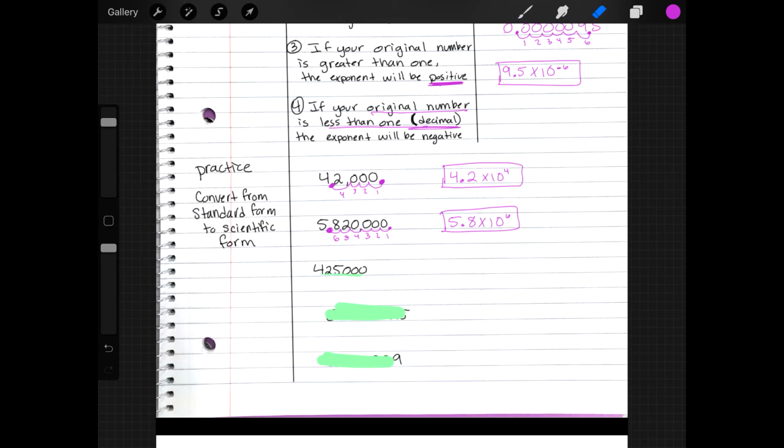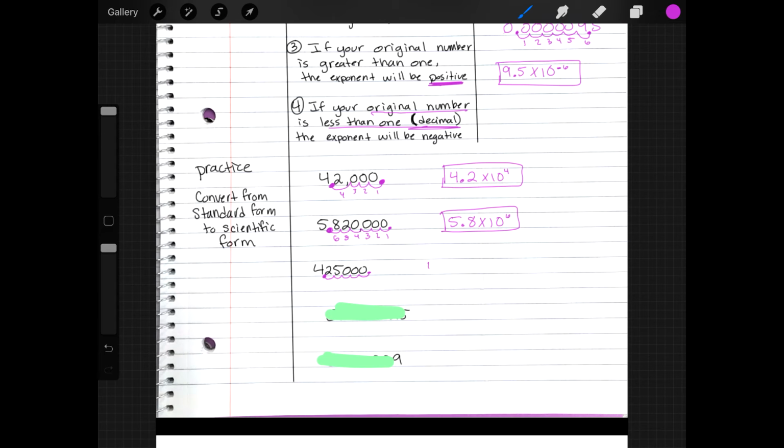Okay, go ahead and try this one on your own and pause the video. So hopefully you paused the video, and let's see what we get. So we have the decimal right here, and let's move it. I'm going to move it right here. I'm not going to move it in between 2 and 5, because 42 is not between 1 and 9. 4 is, though.